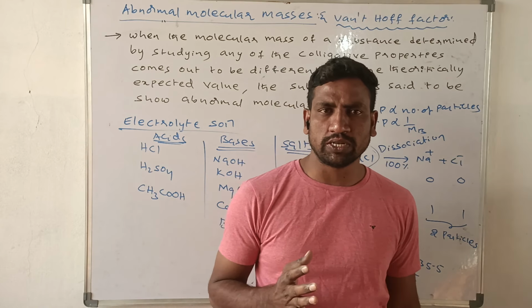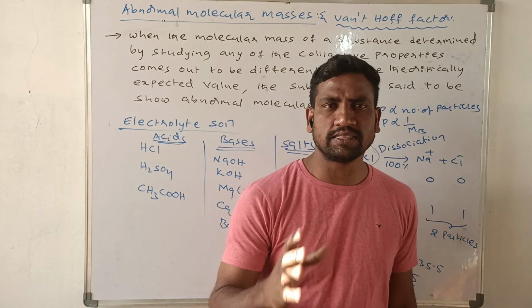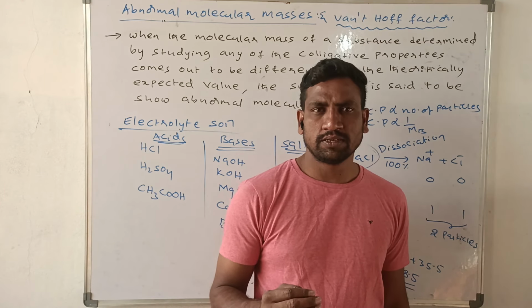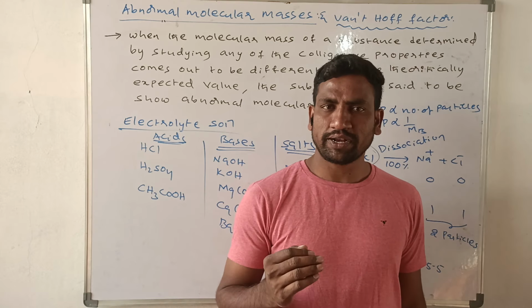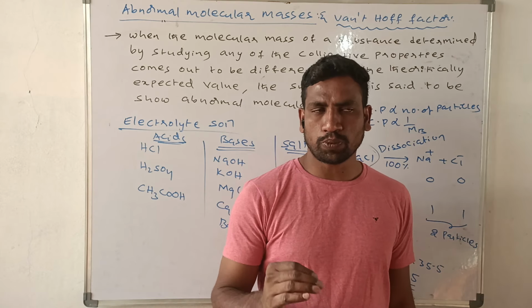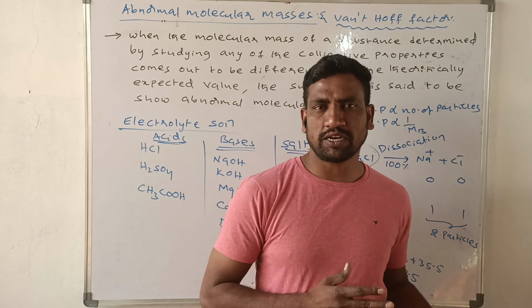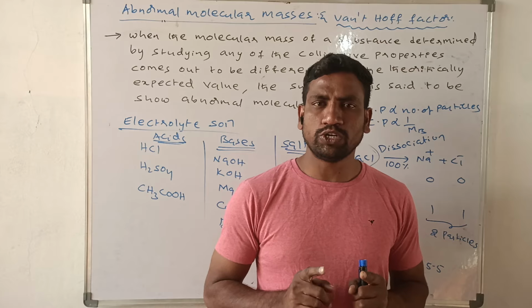Because of the dissociation, the number of particles increases in the solution, so the colligative property increases. Colligative properties are going to be higher than the expected value. That is the main thing we need to remember.